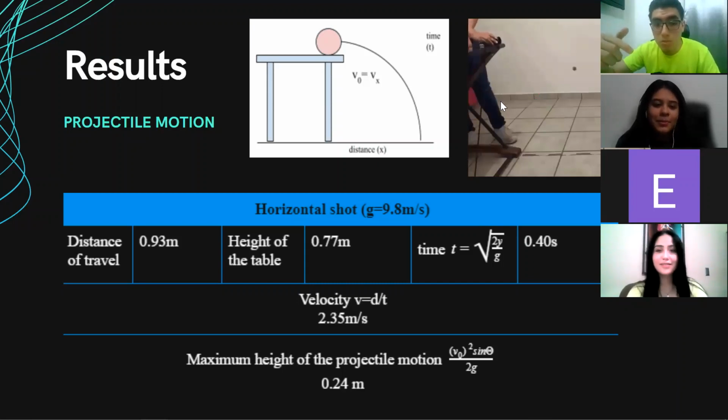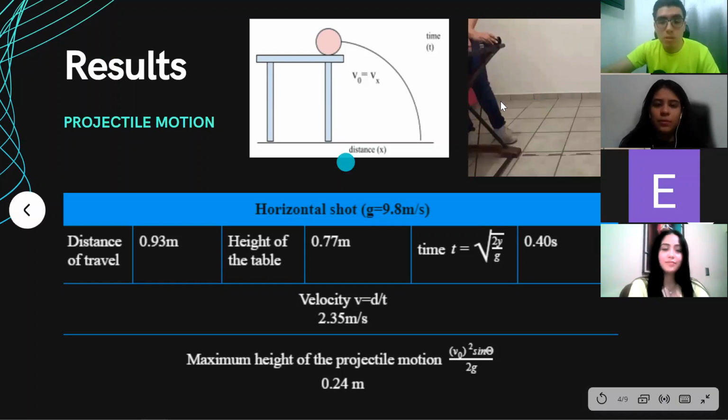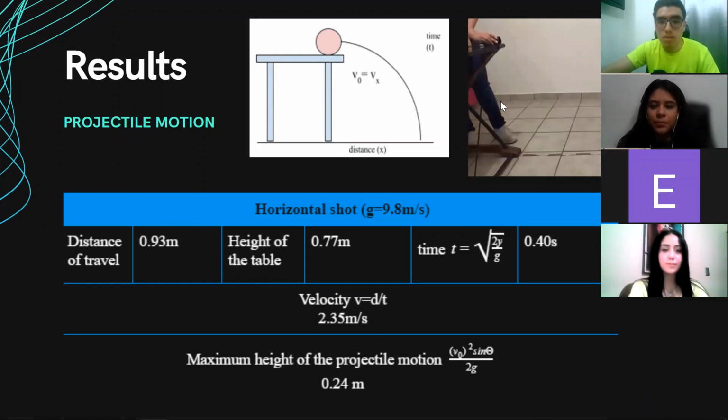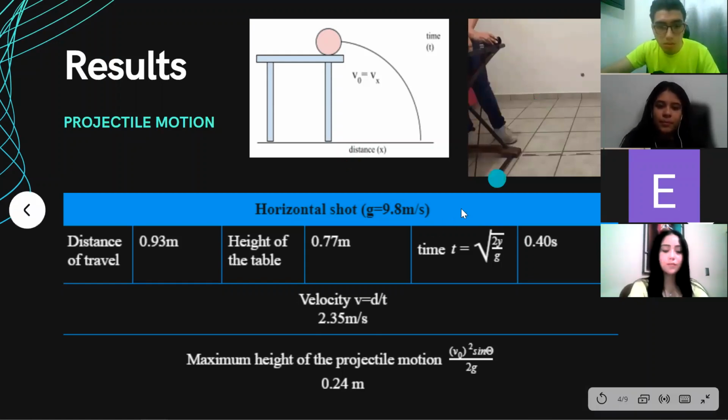In order to get a fixed initial velocity, which we will compare with the other experiment that will give us another answer for that initial velocity. Here you can see the table with the variables, and 2.35 was the initial velocity that we calculated.